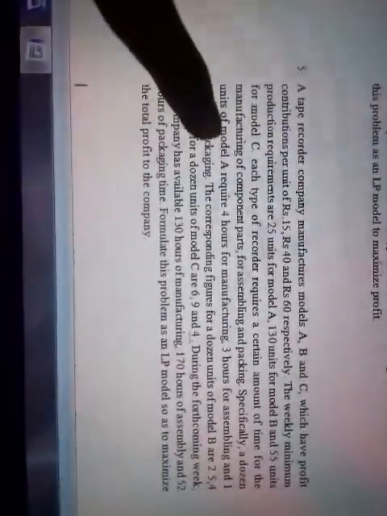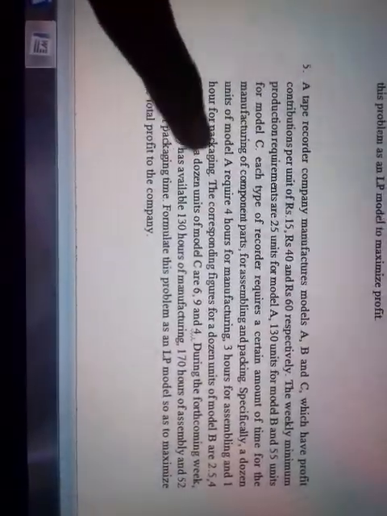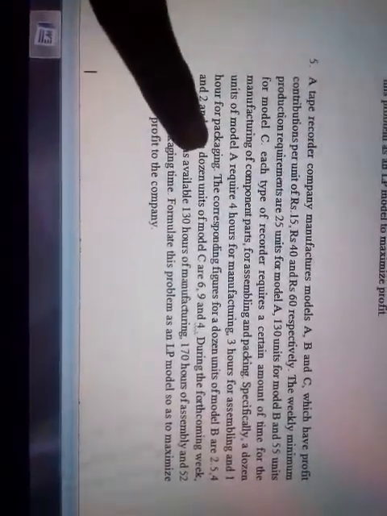And see here the word is given: specifically, a dozen units of model A require 4 hours for manufacturing, 3 hours for assembling and 1 hour for packaging. So which is the constraint here? Manufacturing, assembling and packaging are your constraints.